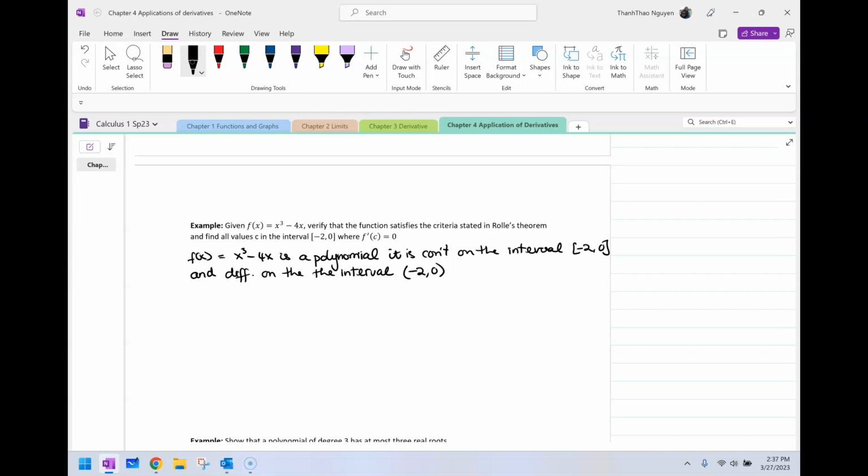Let's check to make sure that Rolle's theorem applies. f(-2) equals (-2) cubed minus 4 times (-2), which is -8 plus 8, equal to 0. f(0) equals 0 cubed minus 4 times 0, which equals 0. This means Rolle's theorem applies.